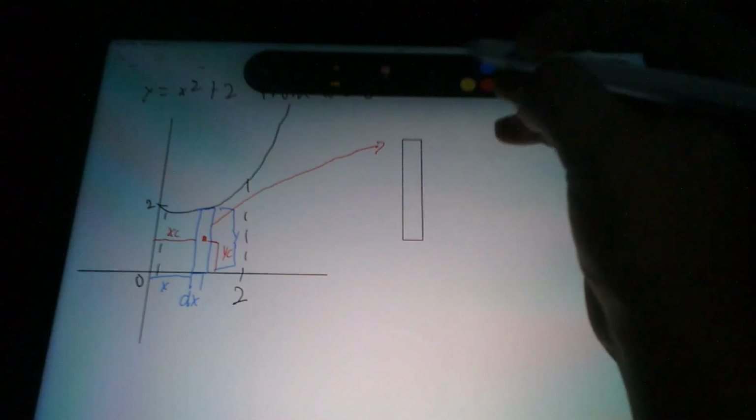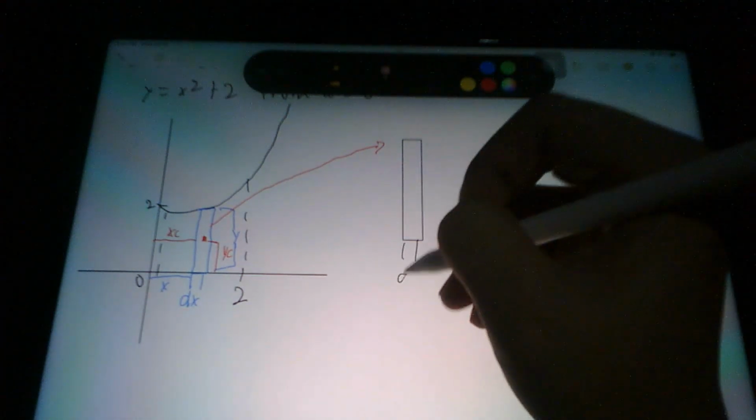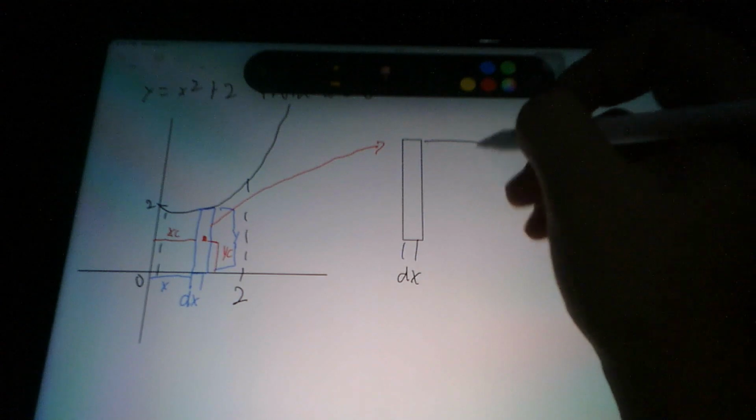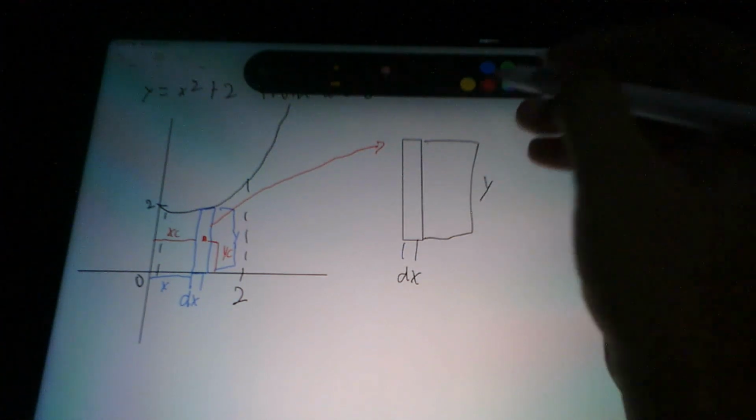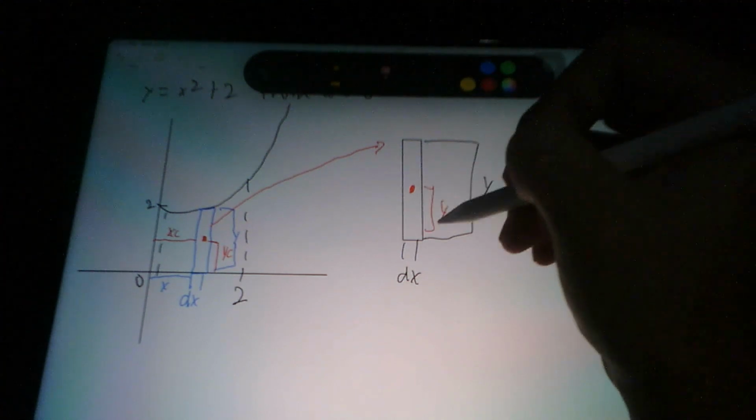Let's say this is our vertical strip, and this is our dx, and this is our y, and from the center of this vertical strip, this is our yc.